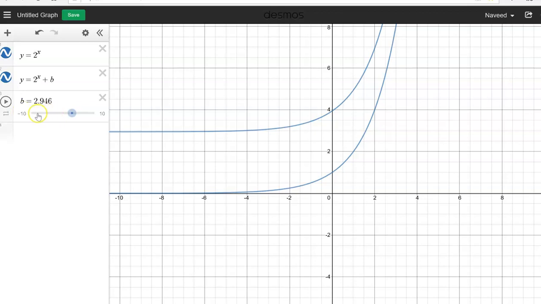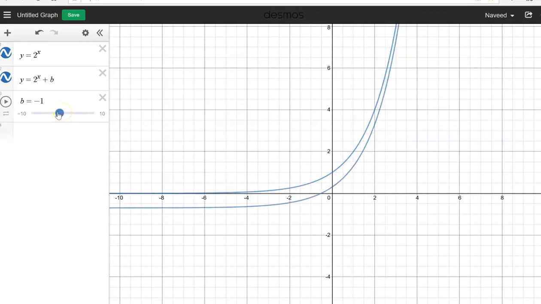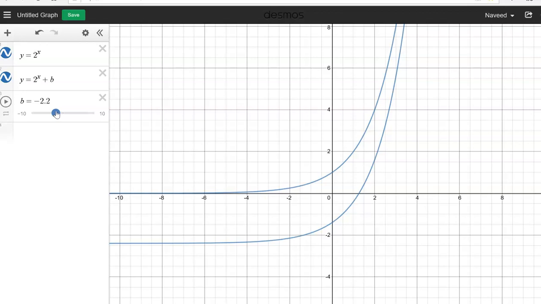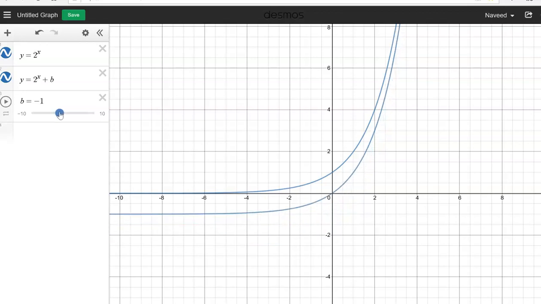And if I go the other way, coming back down, notice that it is going down, and that does make sense. So when b is, for example, negative 1, it makes sense.